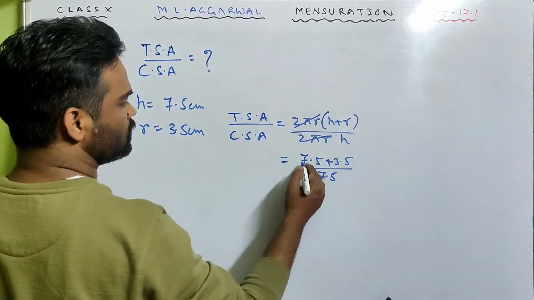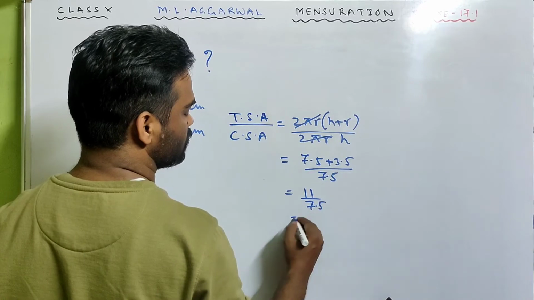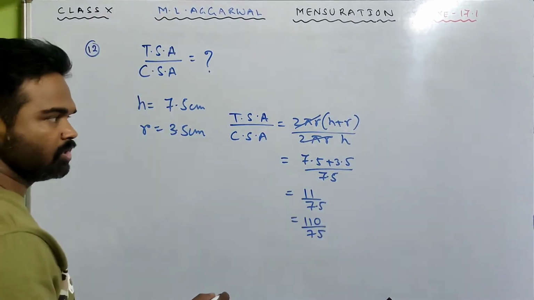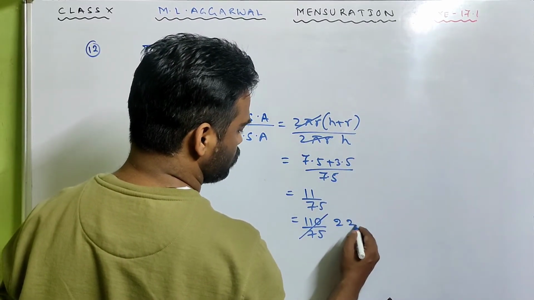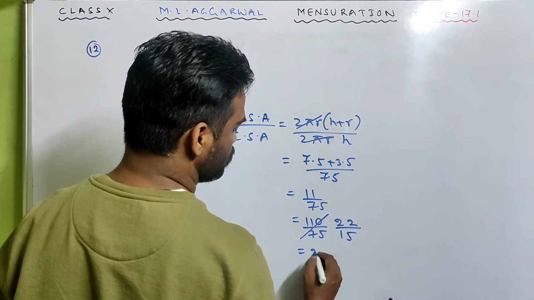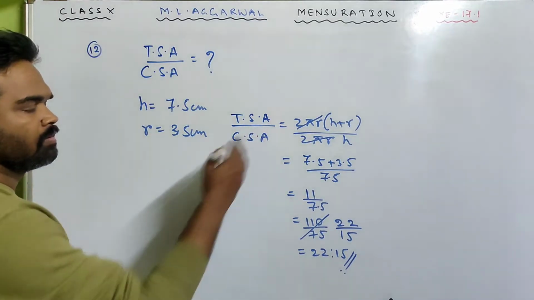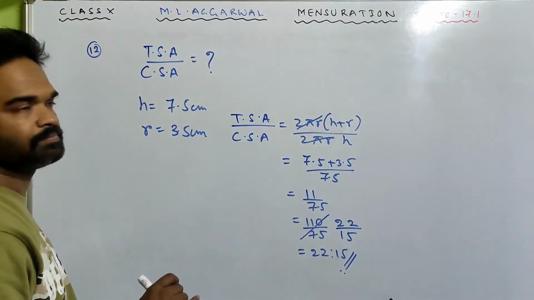Just substitute the value. 7, 8, 9, 10, 11 by 7.5. That's 110 by 75. Yes or no? 5 cancels with 5, 22 times, and this is 15 times. So the ratio is 22:15.